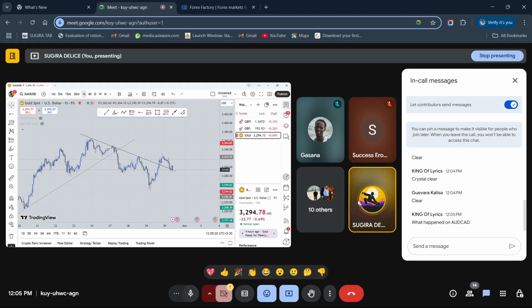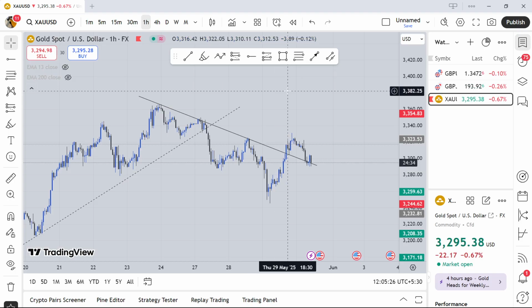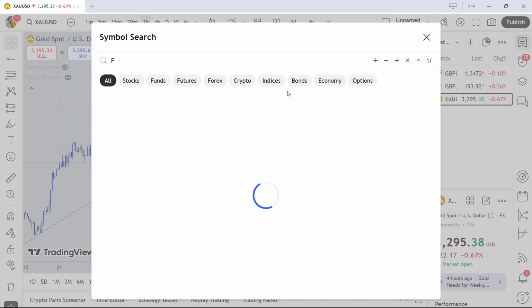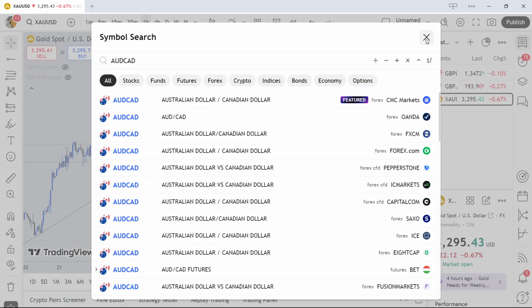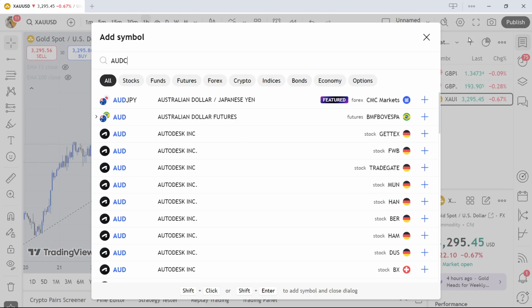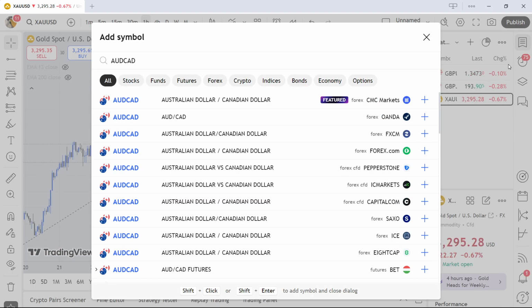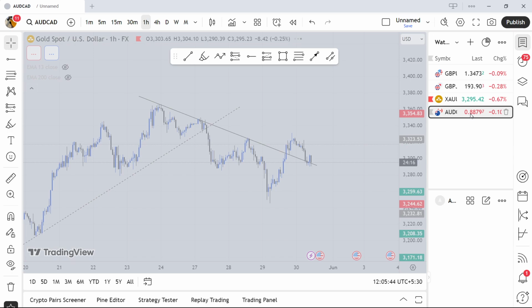Oh, sorry, I wanted to check. I was analyzing. I had the trade proposal on AUD/CAD, and I even forgot about it. AUD/CAD yesterday didn't give a clear setup.